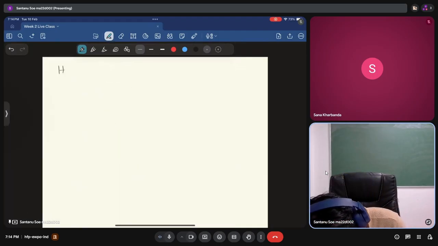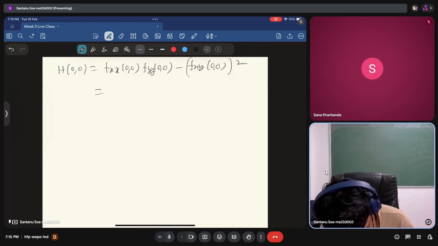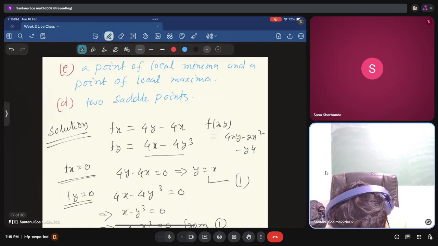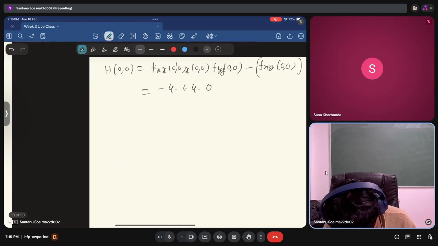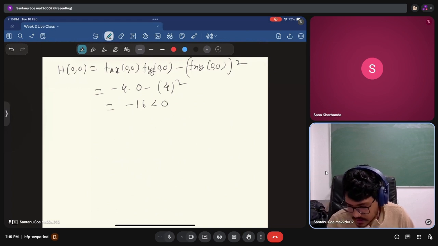So we now evaluate the Hessian at (0, 0), which is fxx(0,0) times fyy(0,0) minus fxy(0,0) squared. So fxx(0,0) is minus 4 times 0, because fyy(0,0) is 0, and this will be minus of 4 squared. So this will be minus 16, less than 0. Correct?